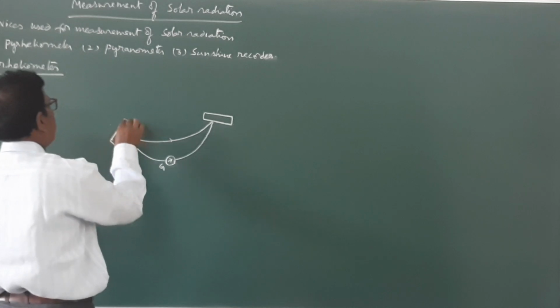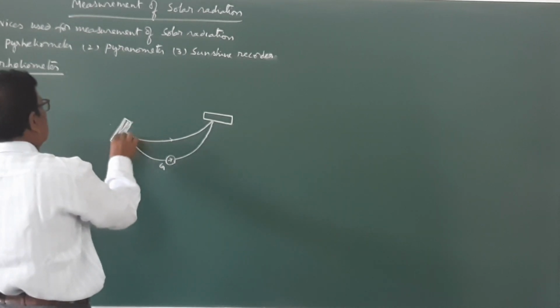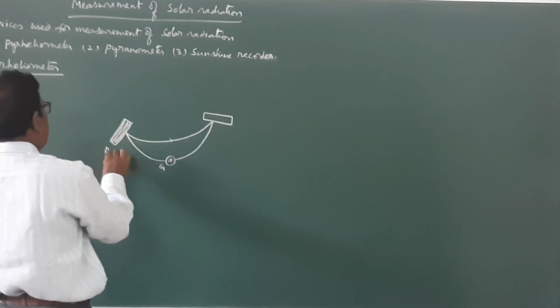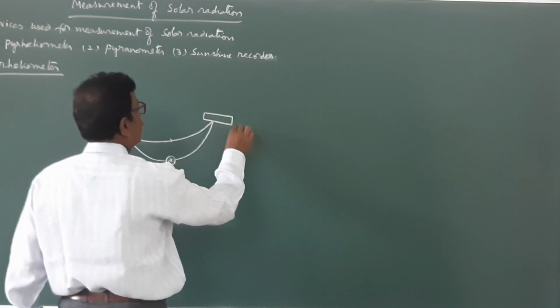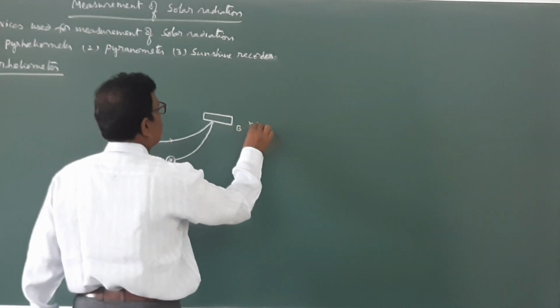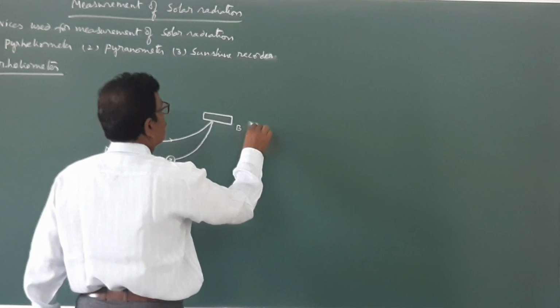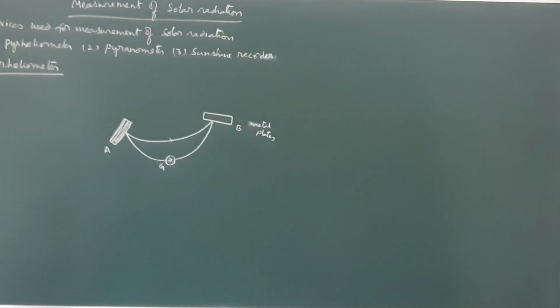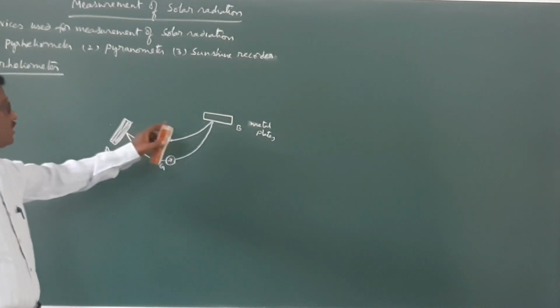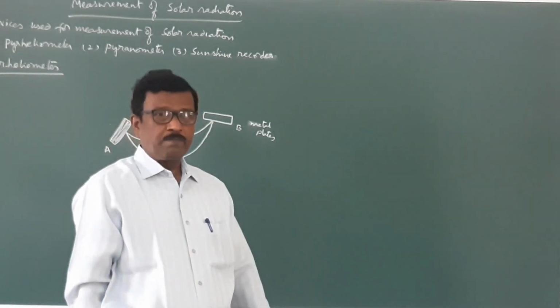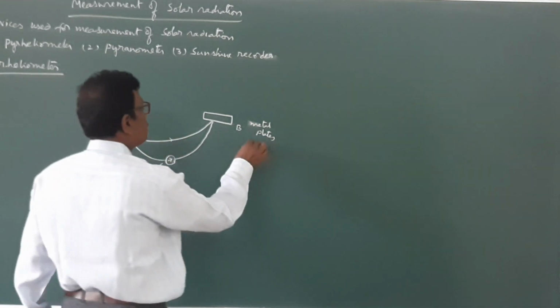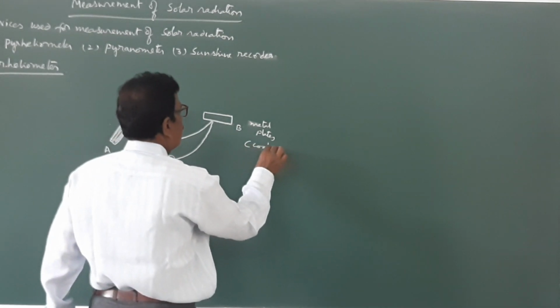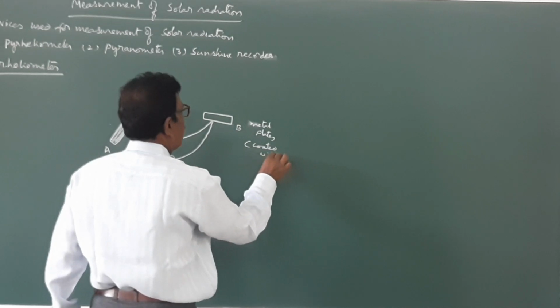These two are metallic plates, say this is plate A and another plate B, metal strips having equal area. These plates are coated with black.